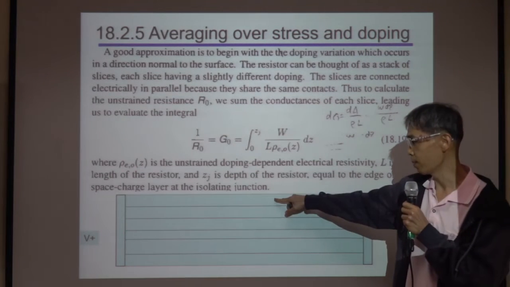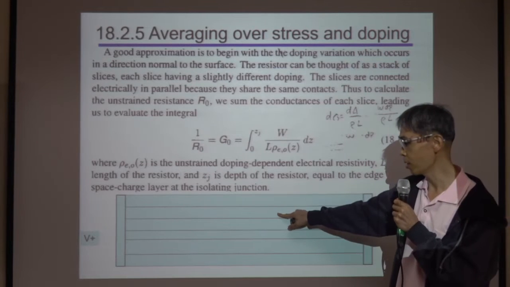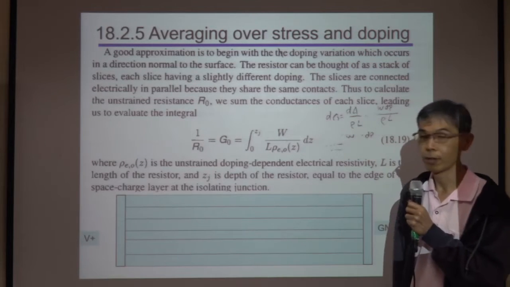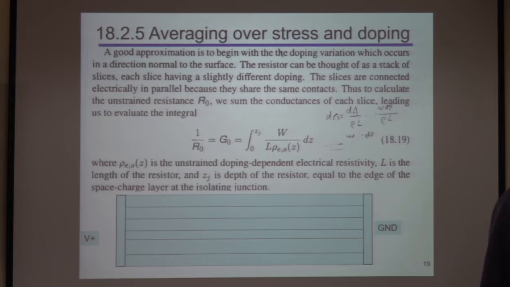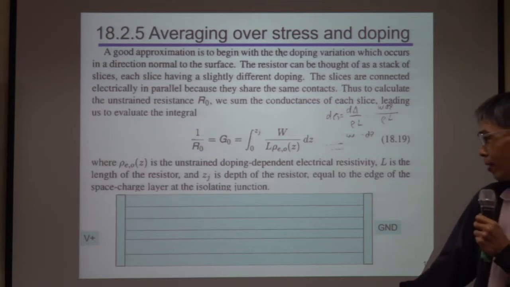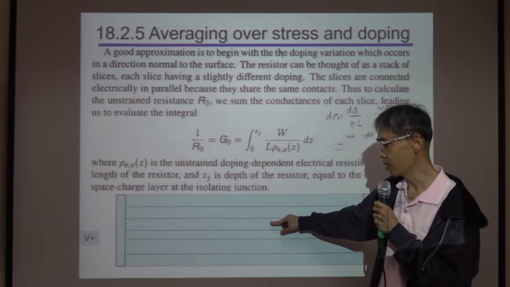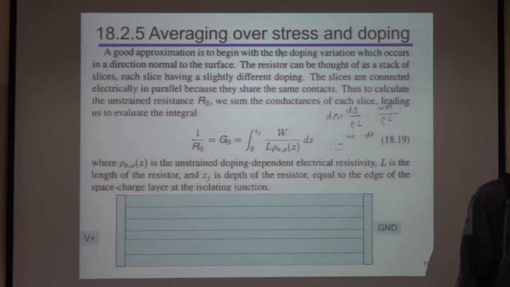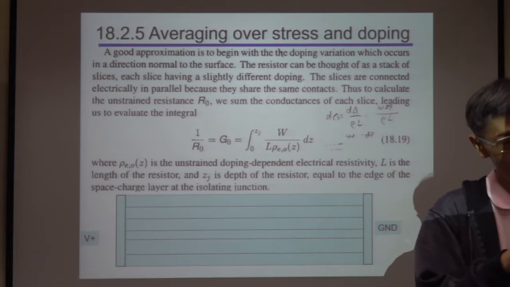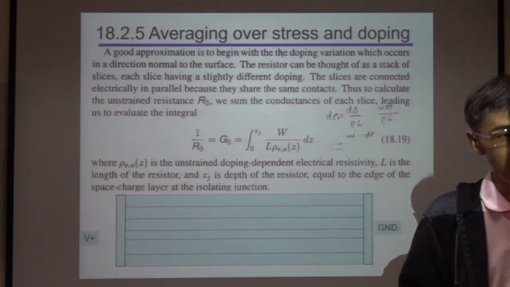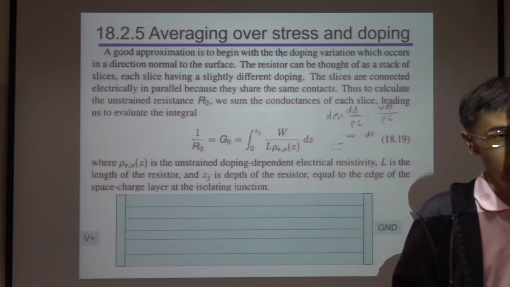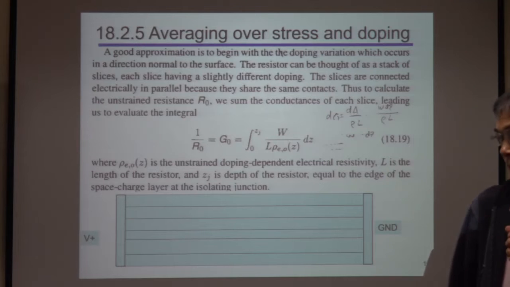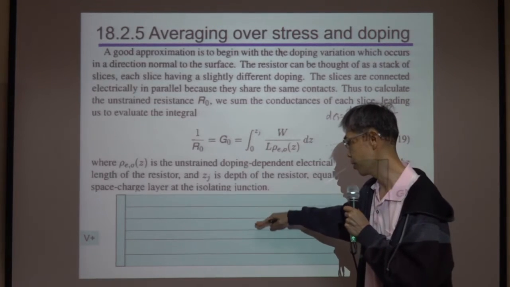Imagine we have resistor 1, 2, 3, 4, 5. Are they in parallel or series connection? Parallel. Okay, they are in parallel connection.